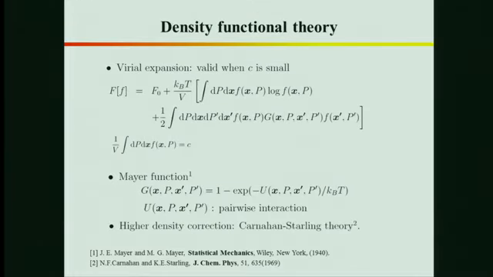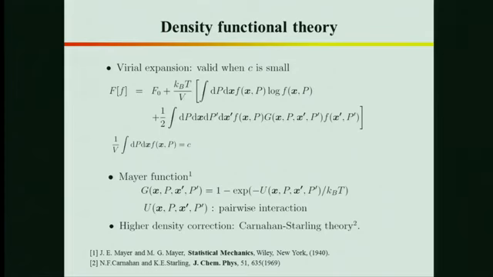Now I'm talking about the density functional theory. I say this is the mean field theory. Use the virial expansion, but this is valid only when the concentration c is small, because I just keep the two-molecule interaction and throw away three-molecule and higher interactions. At that time the free energy can be written in this way. This is the entropy.